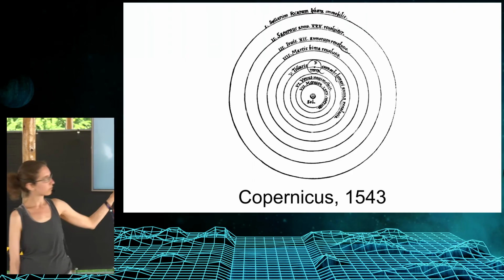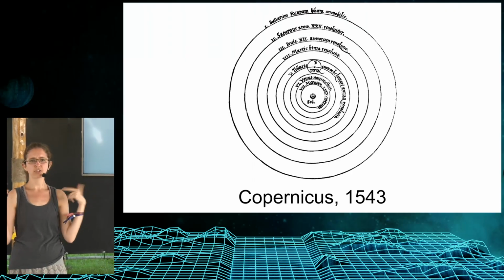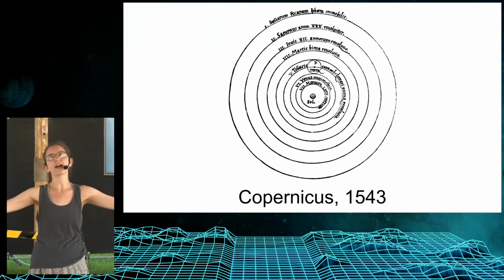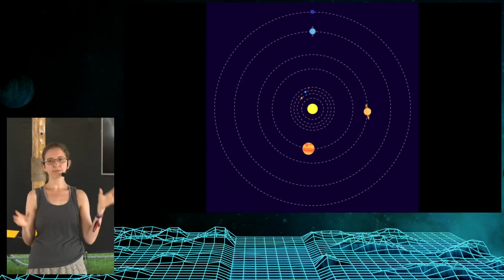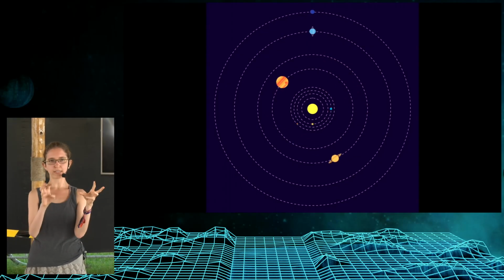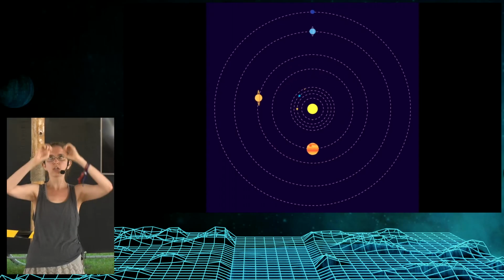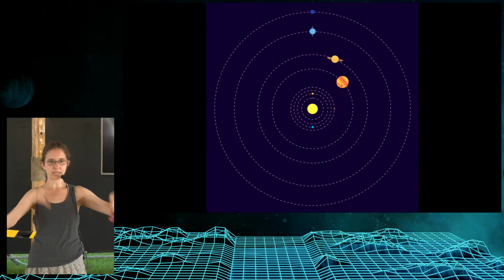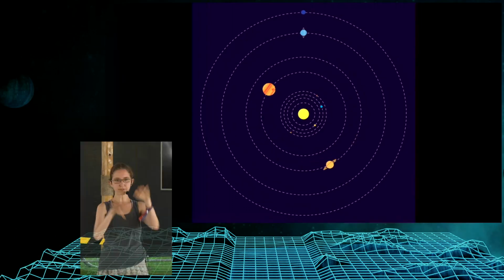And Copernicus in 1543 said, hey, what if we just change the perspective? Simplifying like hell, I'm sorry, but what if Earth is not in the middle, with everything moving in these multiple circles, very complicated motions, but the sun is in the middle, and everything else is the same?